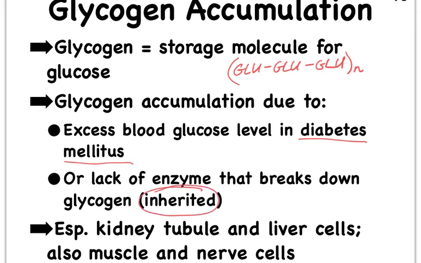This is typically an inherited condition where that person is missing the gene that codes for the protein, namely the enzyme, that can break down glycogen into individual glucose molecules. Aside from the liver and muscle cells, the nerve cells and the kidney tubules can accumulate quite a bit of glycogen because of the issues that we discussed here.